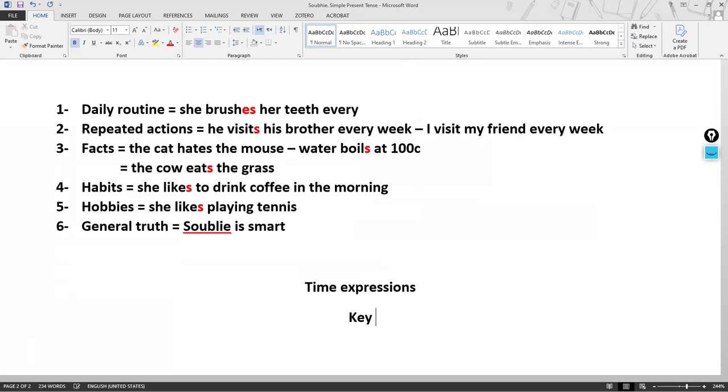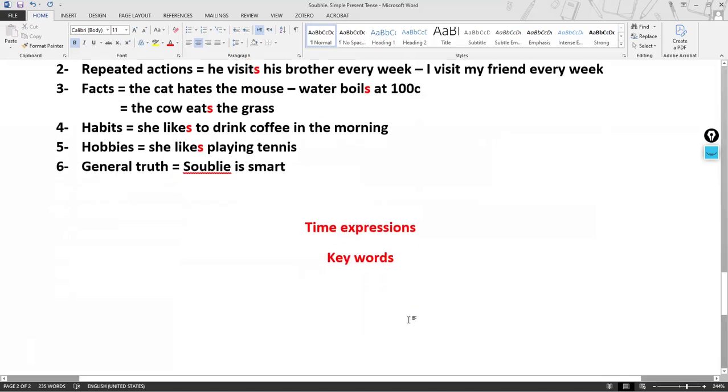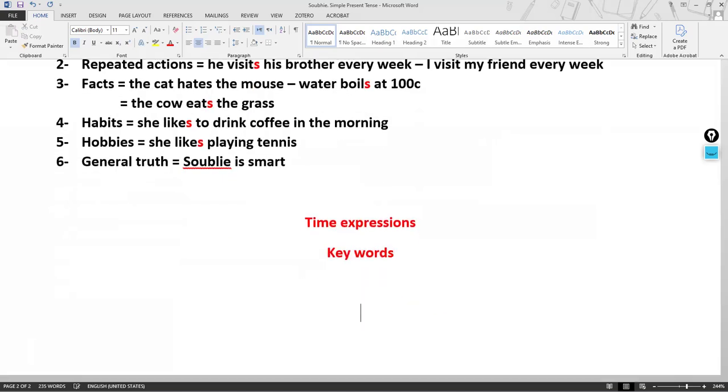It is up to you to name them as keywords, time markers, or time expressions. When I say time expressions, Subhi, I have to add adverbs of time with the simple present tense. Now, please be careful because with every tense, we have to use specific time expressions.